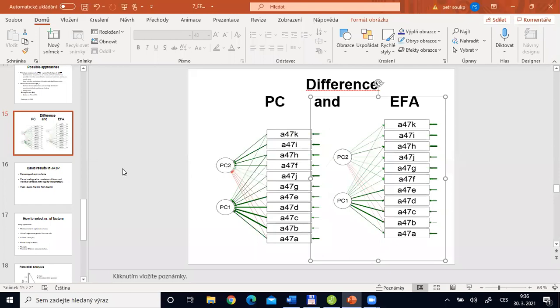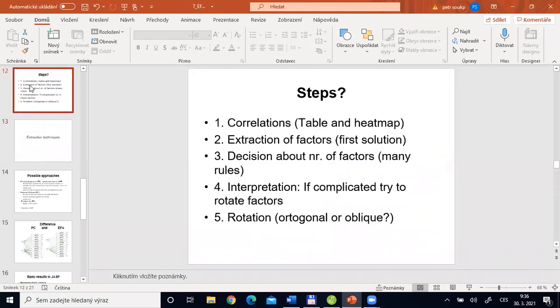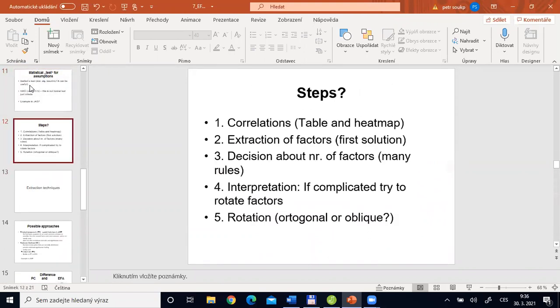And here we are. Before we start, I would go through the classical steps for exploratory factor analysis. First of all, in the step we have performed previously, it is quite good to correlate my variables.